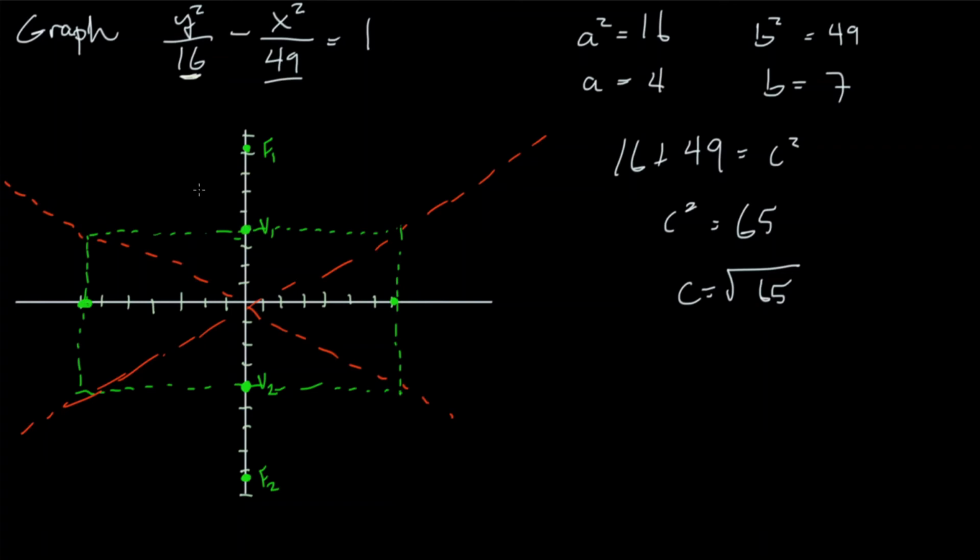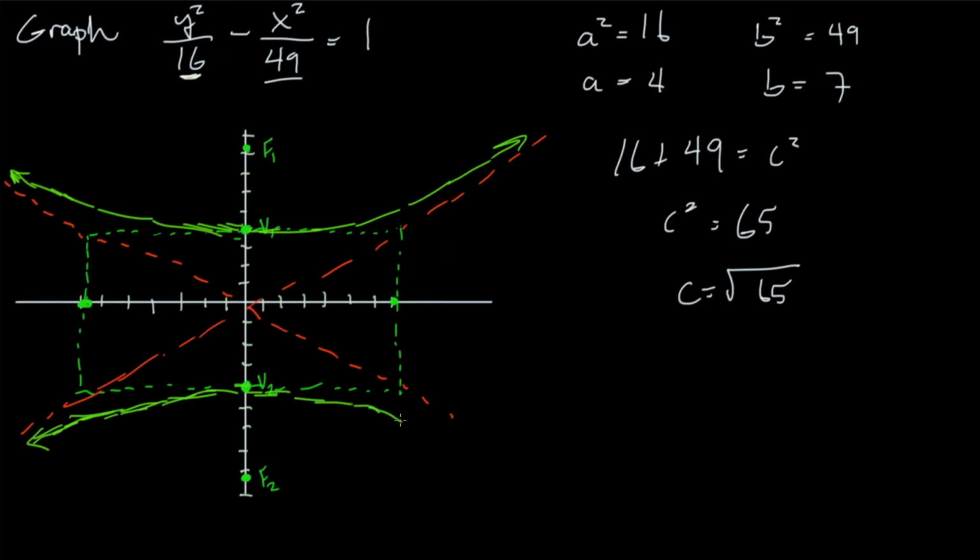So let's go ahead and draw that hyperbola now. This is one branch, and this is the other branch. And I'm going to try to fill these in a little bit. I know I'm doing dotted lines, which isn't the best, but all right.